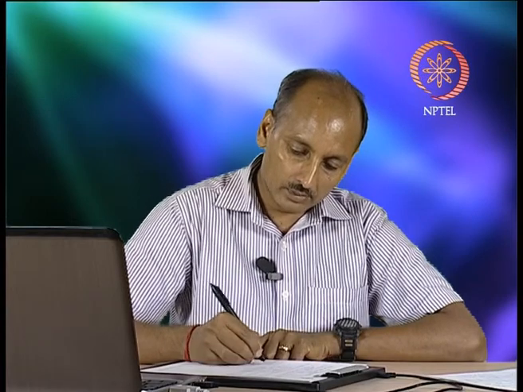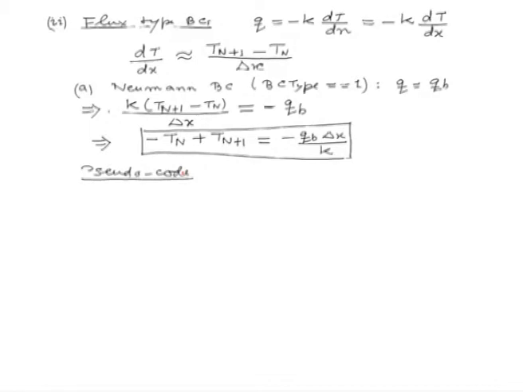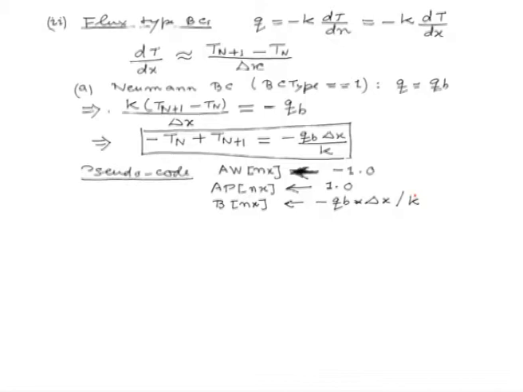So the pseudocode which we need to incorporate in our function: our AW nx should be set with the value of minus 1.0, APNX should be set a value of 1.0, and BNX should be assigned a value of minus QB into delta x divided by k.